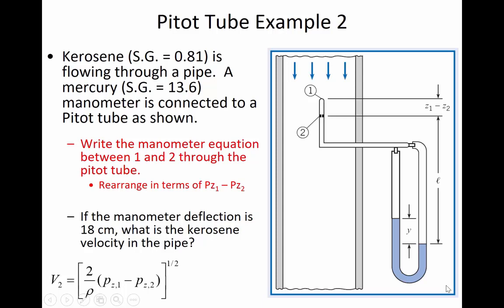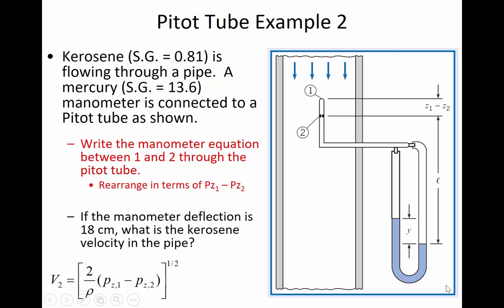The reason we want that from the manometer equation is that here is our pitot tube equation. If we rearrange Bernoulli's equation with the assumption that the velocity at location 1 is 0, because that's what happens inside a pitot tube, this is what we get. Notice inside the pitot tube equation is P sub Z1 minus P sub Z2.